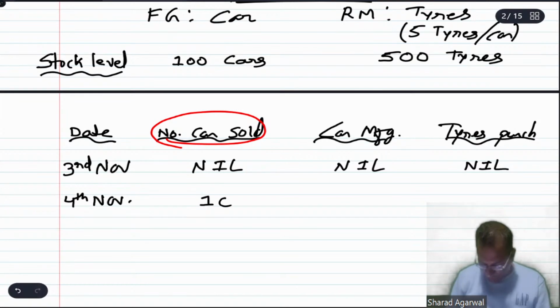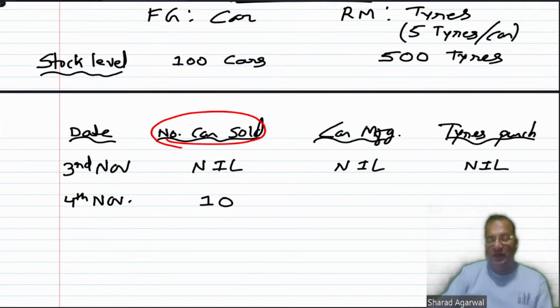Suppose on 4th of November 10 cars have been sold. Tell me beta, whether we can deliver the car to the customer instantly or the customer has to wait some time because we are operating in a just in time system. Once again I am repeating, on 4th of November demand of 10 cars is there.